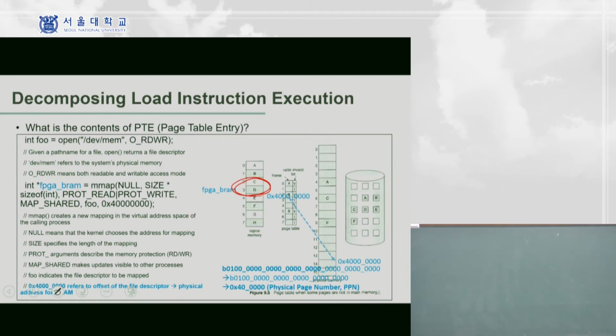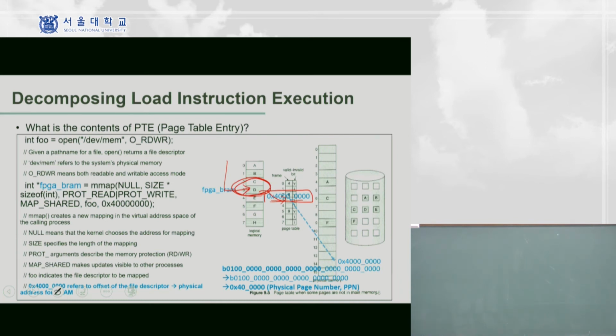Then once you look up the corresponding entry in this page table, it will contain the starting address of the VRAM, which is 40000000. So this information will be stored here. If you ever access a location in this page, you first need to look up the page table.